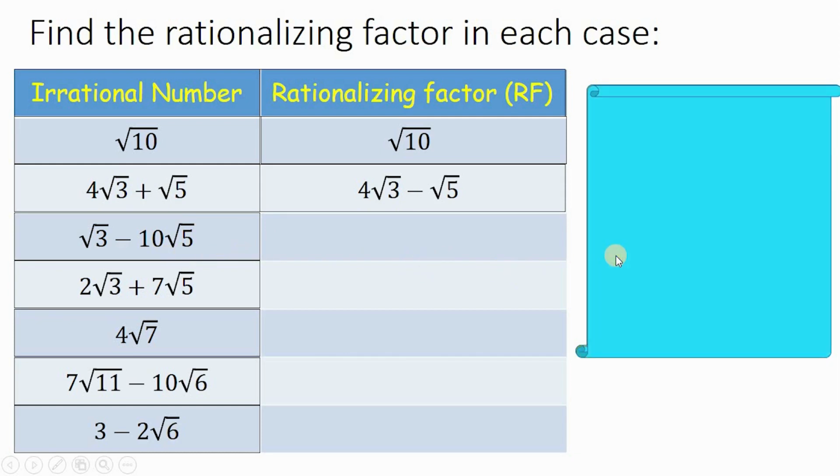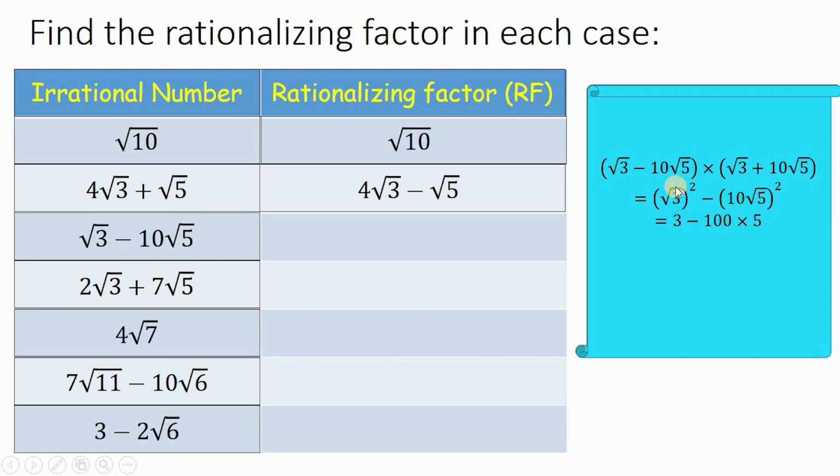In the third example, we have root 3 minus 10 root of 5. Here again we'll try to solve it over here. Root 3 minus 10 root of 5 into root 3 plus 10 root of 5. So here we are multiplying the given number with the conjugate of this number. We'll use the algebraic identity a minus b into a plus b, that is a square, root 3 square, minus b square, that is 10 root of 5 whole square.